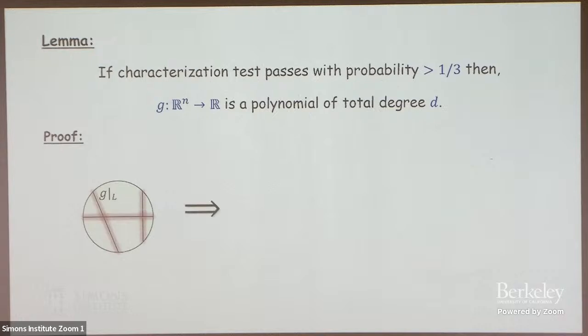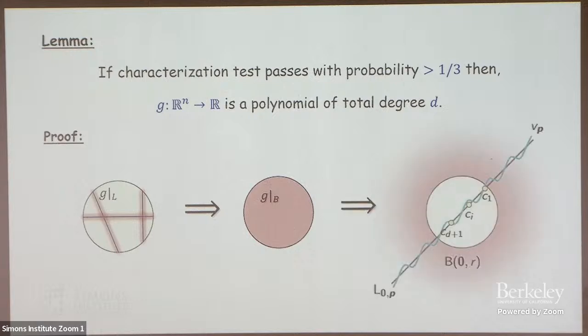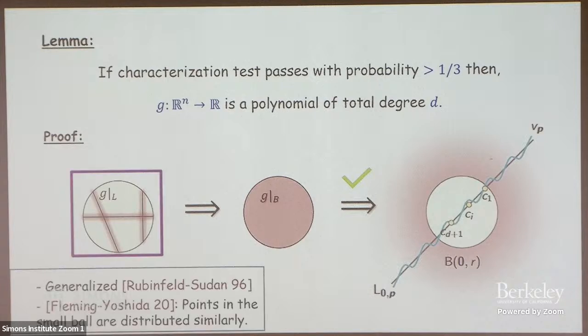Then we will use these line restrictions to build a low degree multivariate polynomial over the entire ball. Then, interpolating outside, we have a low degree polynomial over R^n. The last step is very easy: once you have a low degree polynomial, you just restrict to lines and extrapolate to get a consistent degree D polynomial.